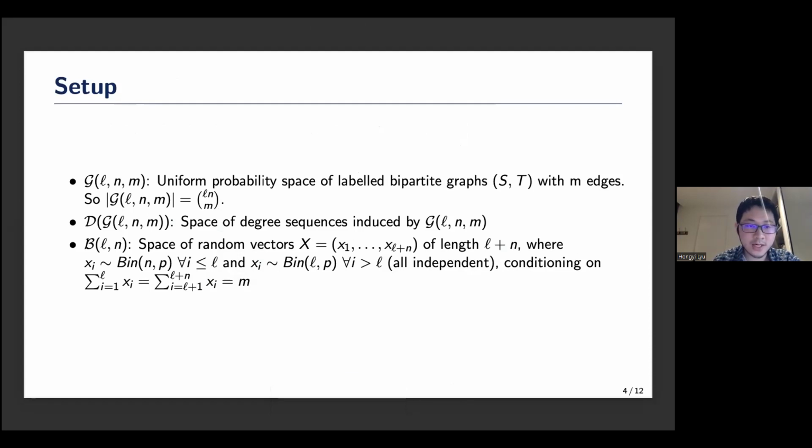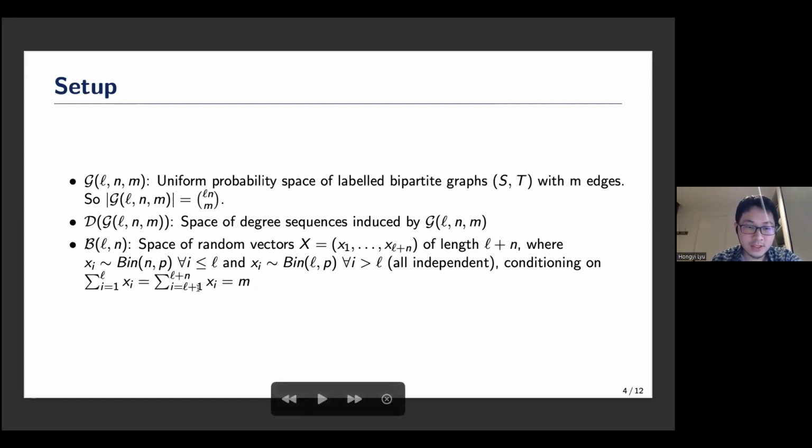The cardinality of this space is going to be L times N choose M. And we denote by D the space of degree sequences induced by the space G. And finally, we denote by B this binomial space, where every element is a random vector of length L plus N, where the first L entries and the last N entries follow binomial distributions with different parameters, and they're all independent.